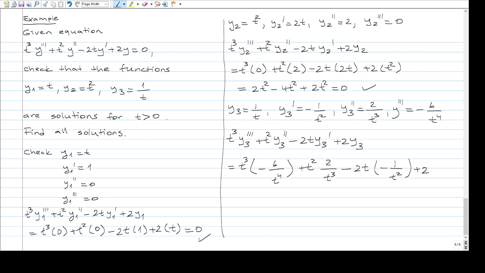And y3 is 1 over t. So we have minus 6 over t plus 2 over t plus 2 over t plus 2 over t, and that's again 0. So this also checks. So y1, y2, y3 are solutions.